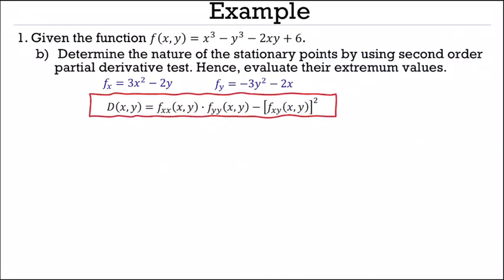We use the discriminant to determine the nature of the stationary point. So we have to find f sub double x, f sub double y, and f sub xy. F sub double x is the partial derivative of fx with respect to x, so it equals 6x. F sub double y is the partial derivative of fy with respect to y, so it equals negative 6y.